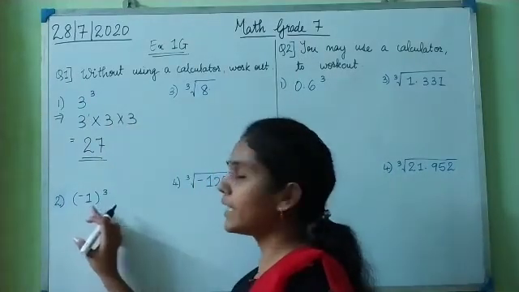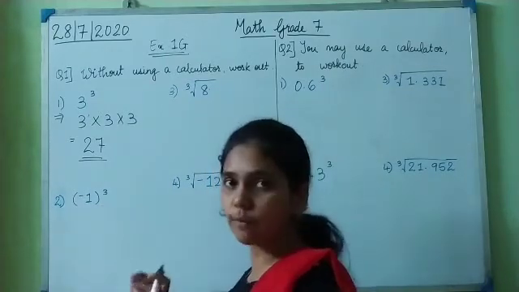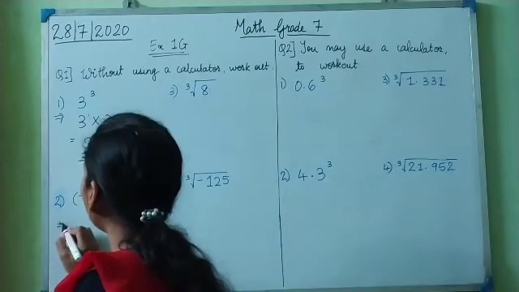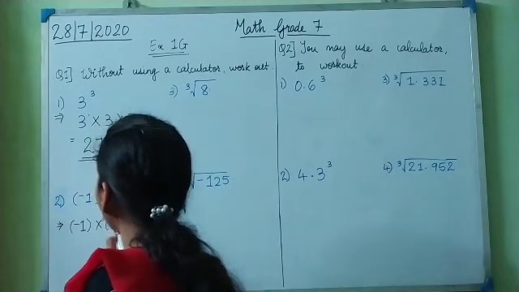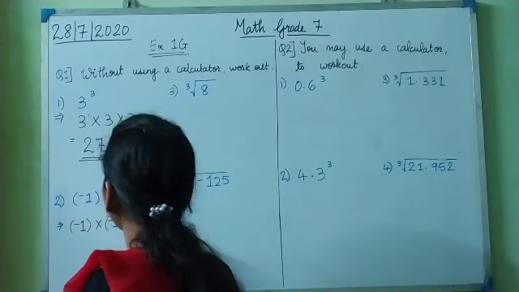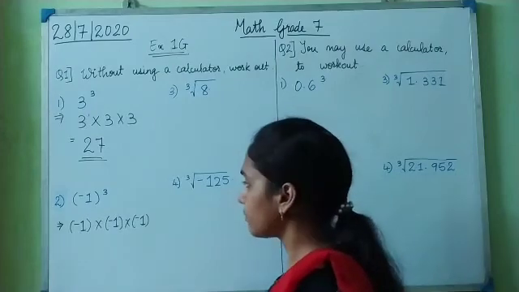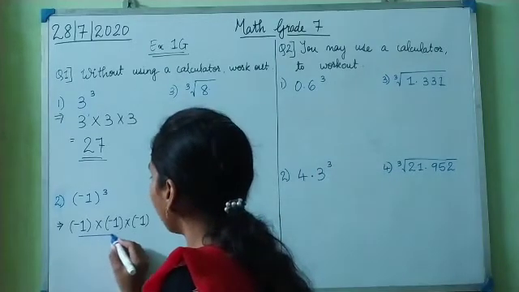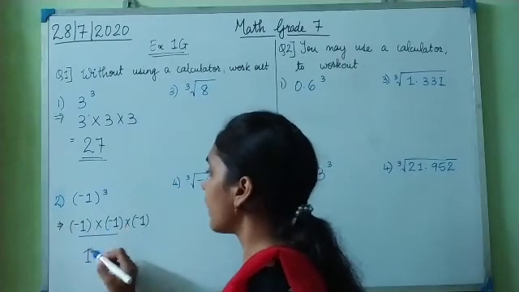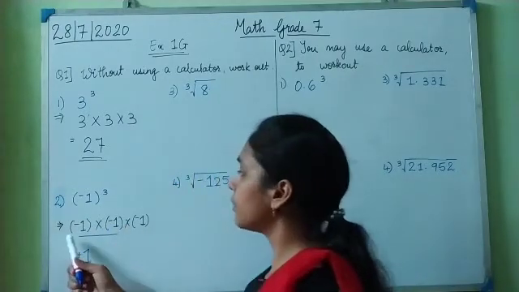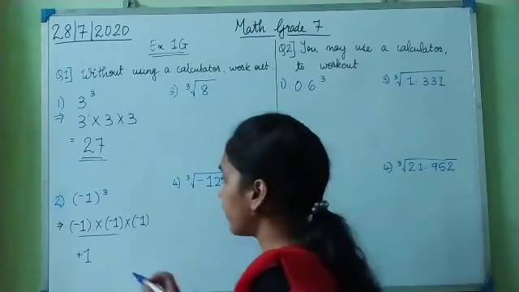The next one is -1, and we have to find the cube of -1. So for this we need to multiply -1 to itself 3 times. Right? So -1 into -1 into -1. So now, what is -1 into -1? 1 into 1 is 1. Minus into minus is plus. So the multiplication of the first two numbers is plus 1.